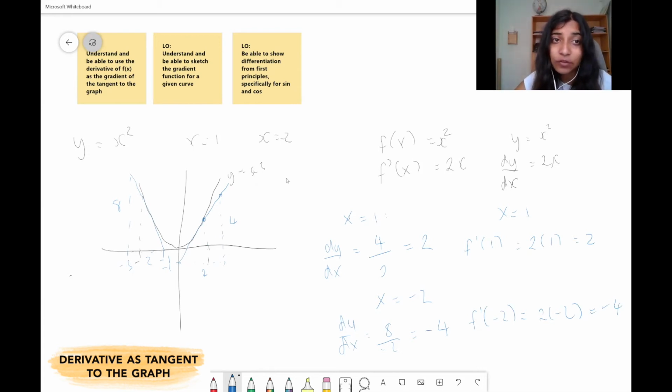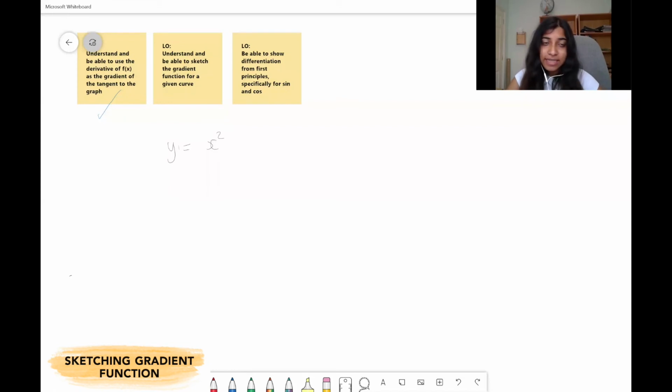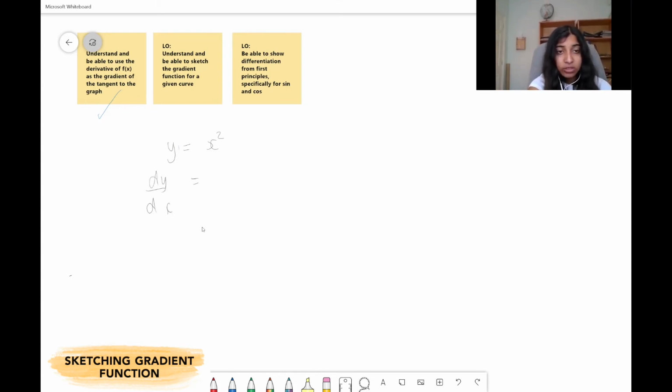So now let's move on to sketching the gradient function for a given curve. In order to sketch the gradient function for a given curve, let's say you had the curve y equals x squared and you're asked to sketch the gradient function. All you do is work out the derivative, dy over dx, which is 2x.